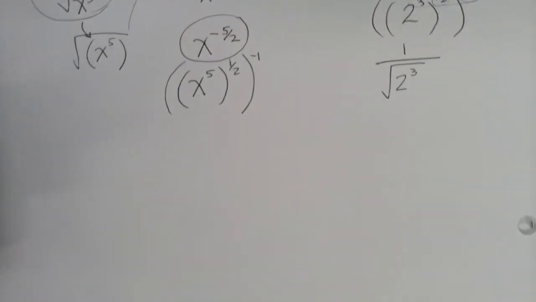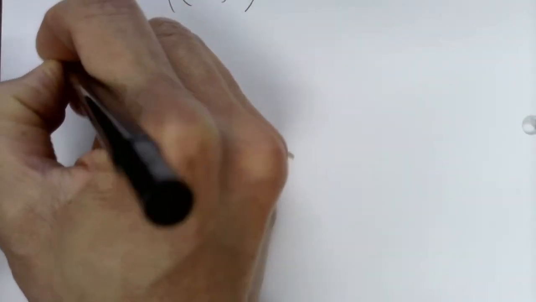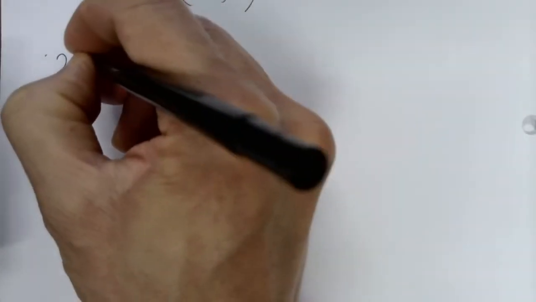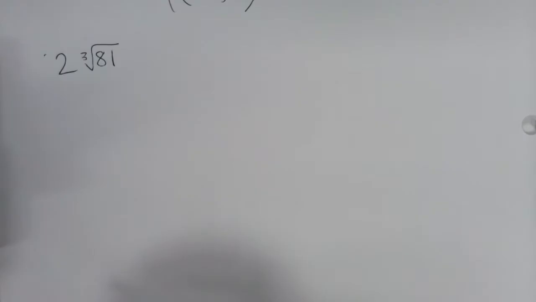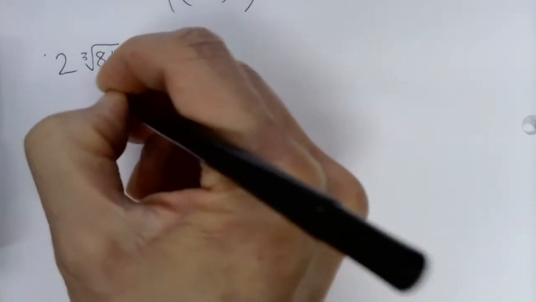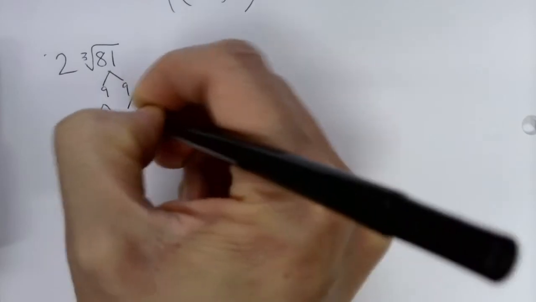Alright, let's move on and do number 24. Number 24, I have 2 times the cube root of 81. Alright, well 81 is 9 times 9, or 3 times 3 times 3 times 3.